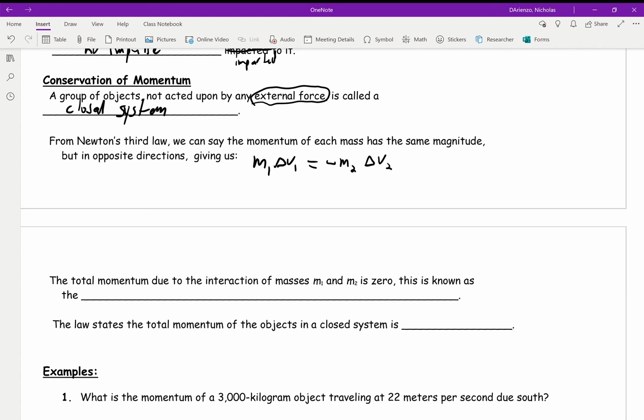The momentum that we start with has to equal the momentum that we end with. Another way we can show this, if we add this quantity on the right to the other side, we end up with m1 times delta v1 plus m2 times delta v2, and this has to equal 0. So the total change in momentum must be 0, since we will conserve momentum, and that's what the law tells us.